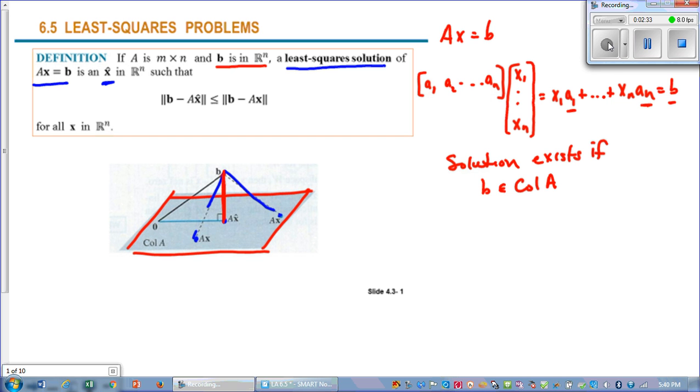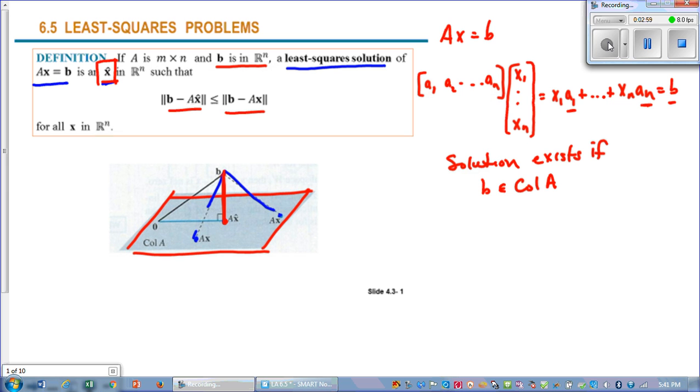So x bar will be the least squares solution if b minus A x bar has the smallest size. That will be the shortest distance from b to any other Ax that's in the column space of A. So we're looking for that value that's the closest to b.